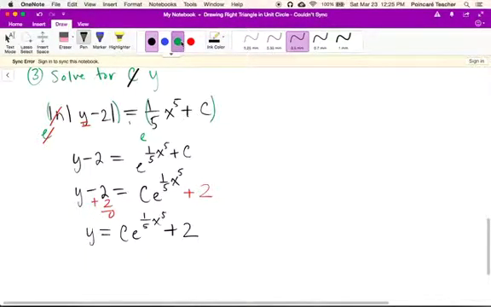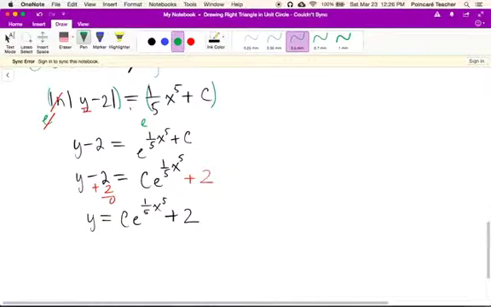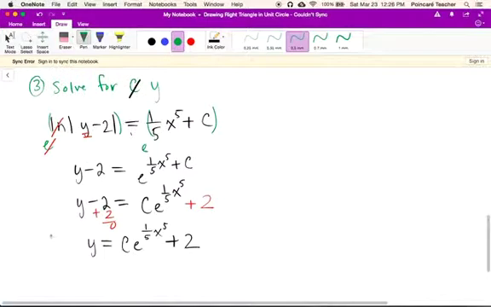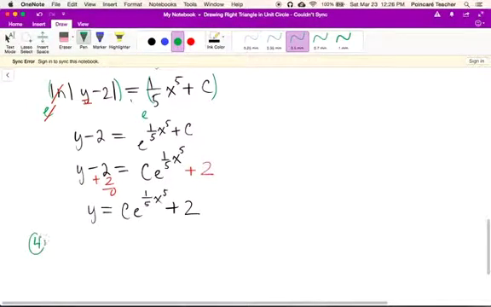And then we're going to solve for c here because it's going to be algebraically a little easier. So for the 4th step, we're going to solve for c, which originally was solve for y, but now we're going to solve for c using the initial condition of 0, 0.